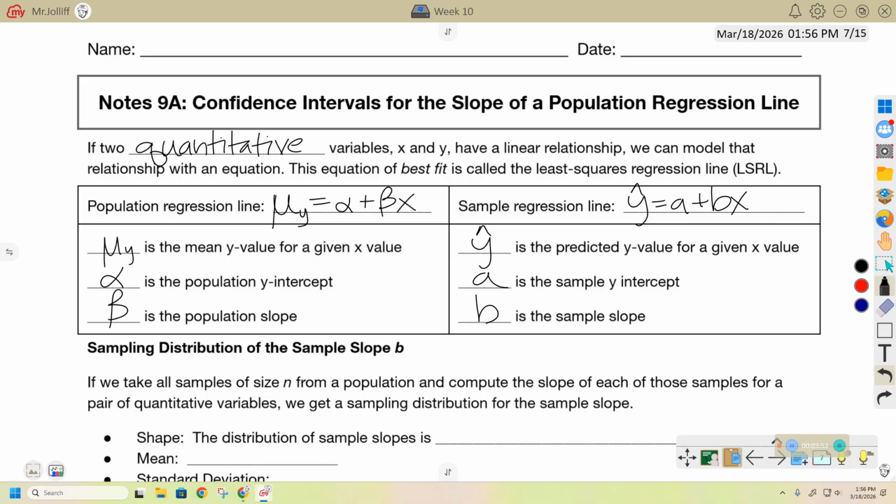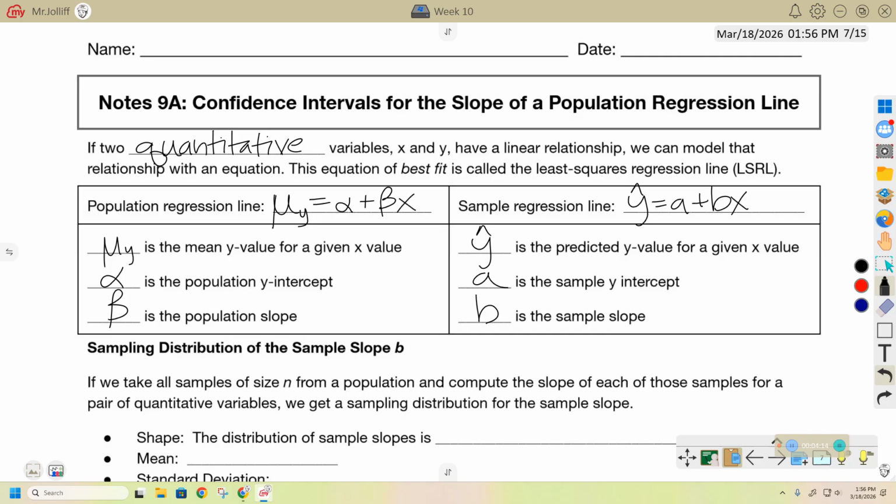The mu sub y is then the mean of the y values for any given x. We know that if we want to do inference for a statistical quantity, the first thing we do is build a sampling distribution for that quantity.